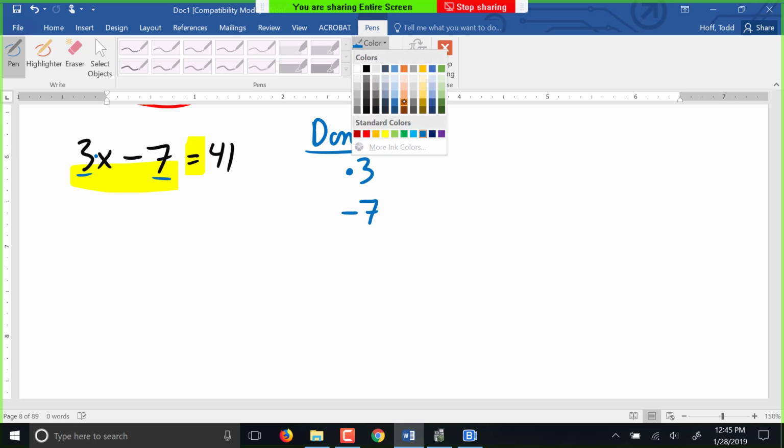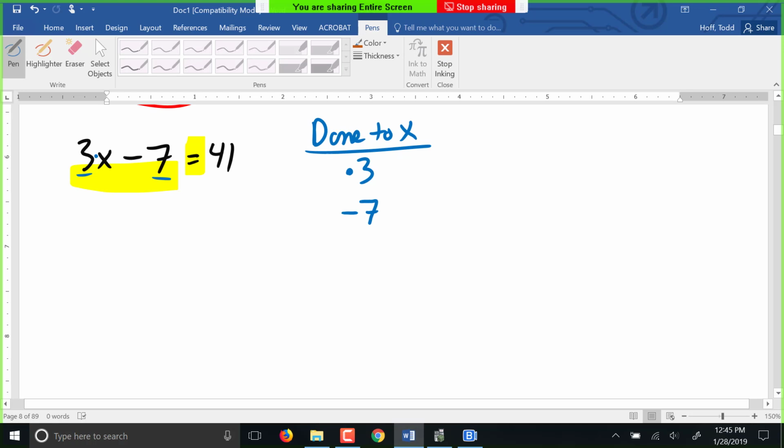Now remember, when we solve an equation, we're trying to take it back apart. So when we take something apart, imagine putting together a piece of furniture that you've bought, or maybe putting together a toy for one of your kids. You've just finished putting it together. You've just put on that last piece.